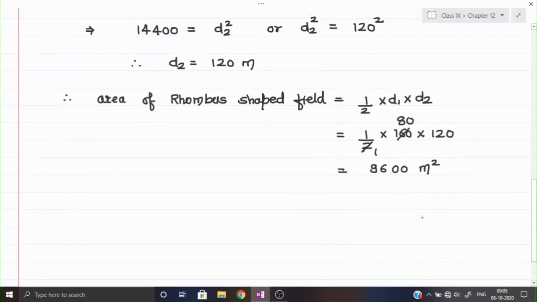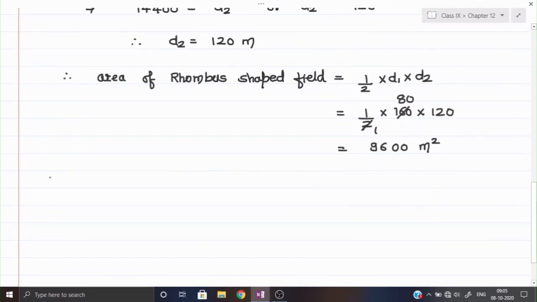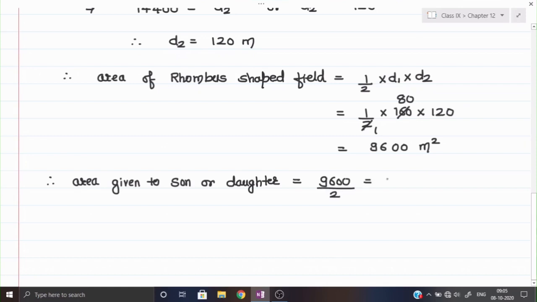Therefore, the area given to the son or daughter, half of the area, so we take half of 9600, divided by 2, which will be equal to 4800 meter square.